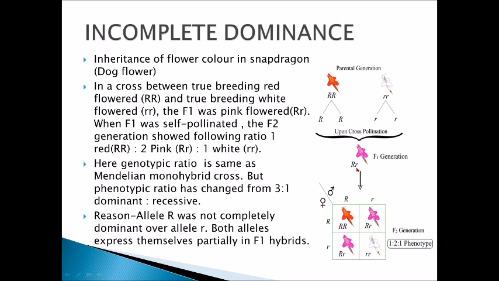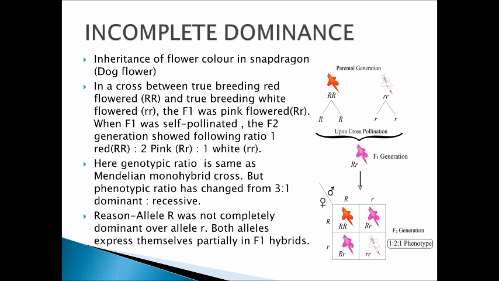In Mendelian characteristics, in the monohybrid cross, we have seen that in the F1 generation, all plants were tall. None of the plants was of medium height. This was because the gene for tallness was completely dominant over the gene for dwarfness.